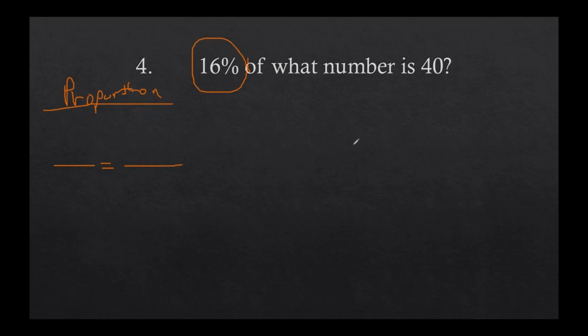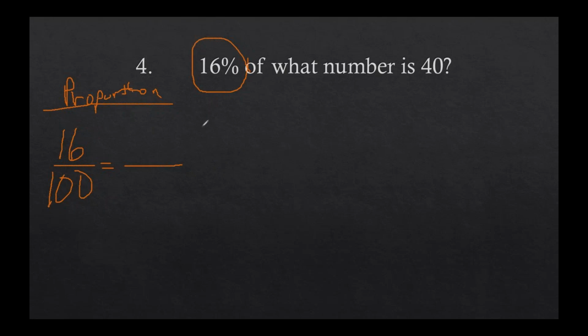We said percent always goes over 100, so 16% gives me 16 over 100. Exactly, Trevor. So instead of writing it as a percent, now we're writing it as a fraction.